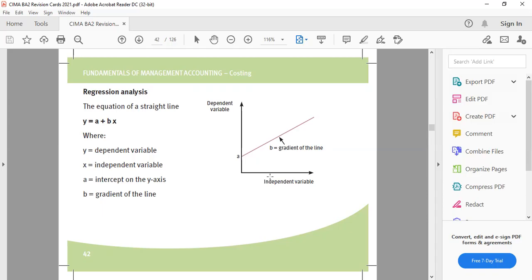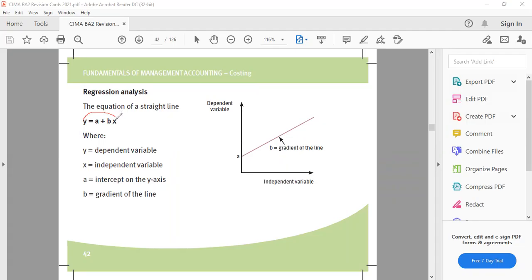The linear relationship is defined by an equation called y is equal to a plus bx. With the help of that equation, it is possible to estimate the semi-variable cost. In y is equal to a plus bx, y is dependent on x. Unless we know the value of x, the y value cannot be calculated.